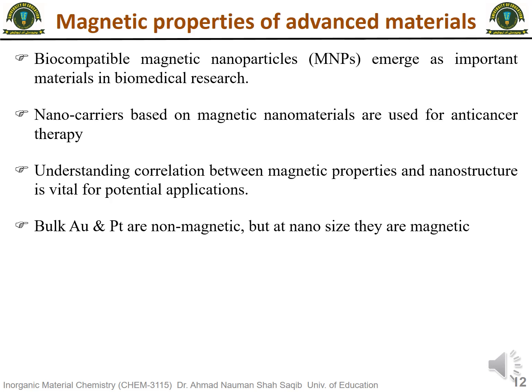If we make nanoparticles, nanocrystals or nanowires, there can be multiple possible structures, and they can have magnetic properties. So the relation between the magnetic properties and the nanostructure of the material is really important, and it will totally depend on where we are going to use those materials. So we will synthesize them that way, or we will make that structure of the material.